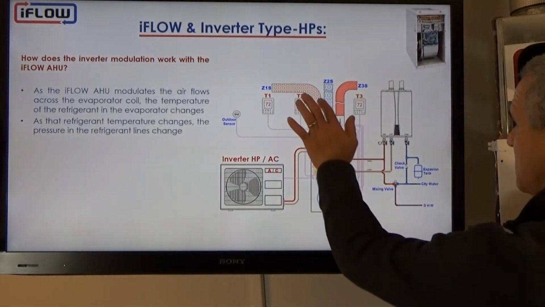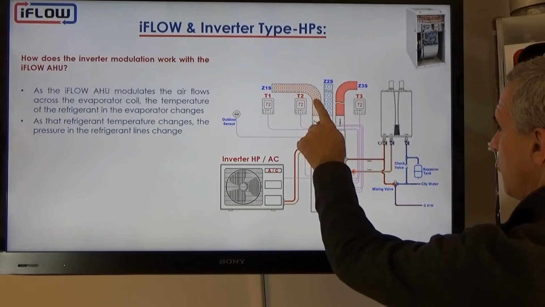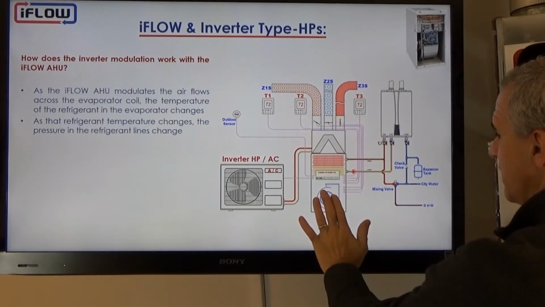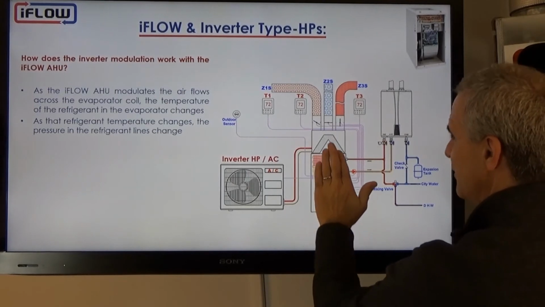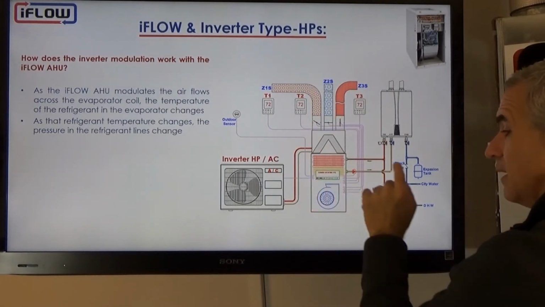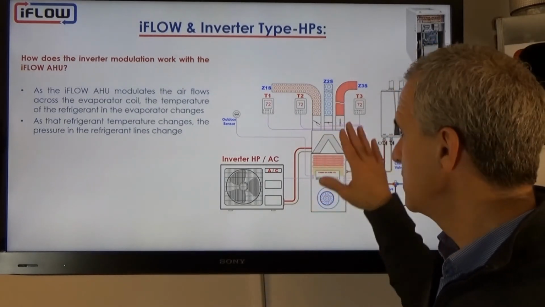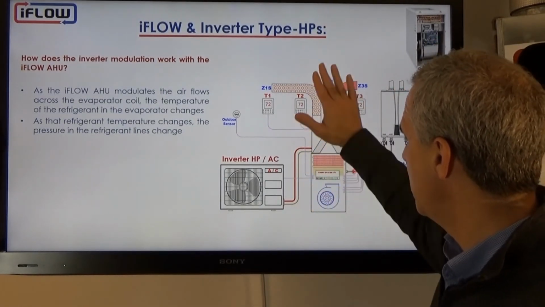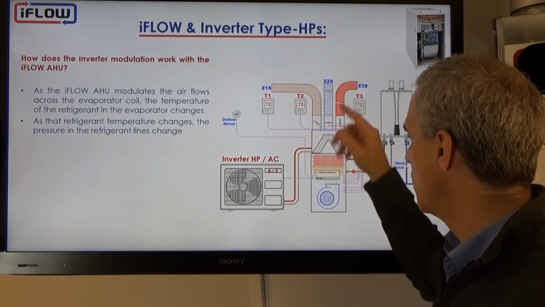Then, let's say zone 2 opens up, we need another 400. So now we need 800 CFM. So the blower is going to ramp up to 800 CFM, run the 800 CFM now across the coil. This is going to warm up that coil even more, right? Because we're cooling more air. So the refrigerant is going to warm up as it's cooling that more air.